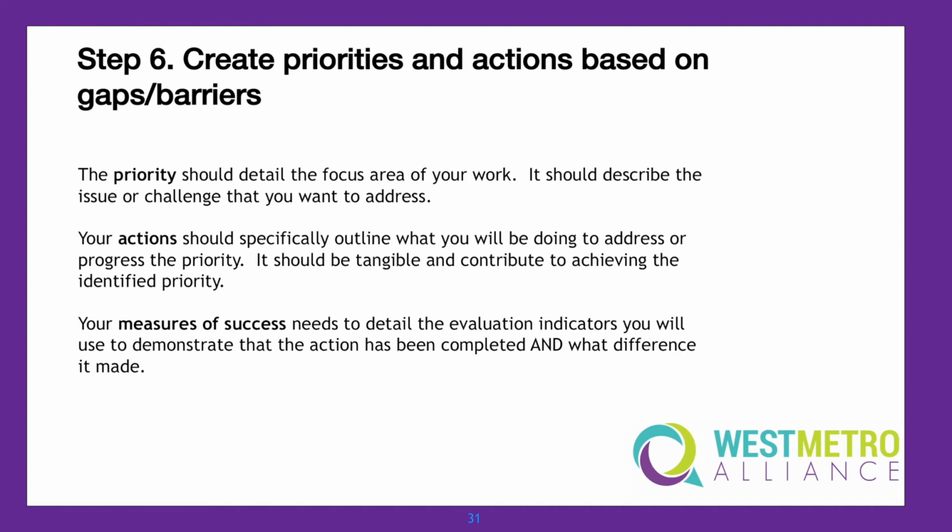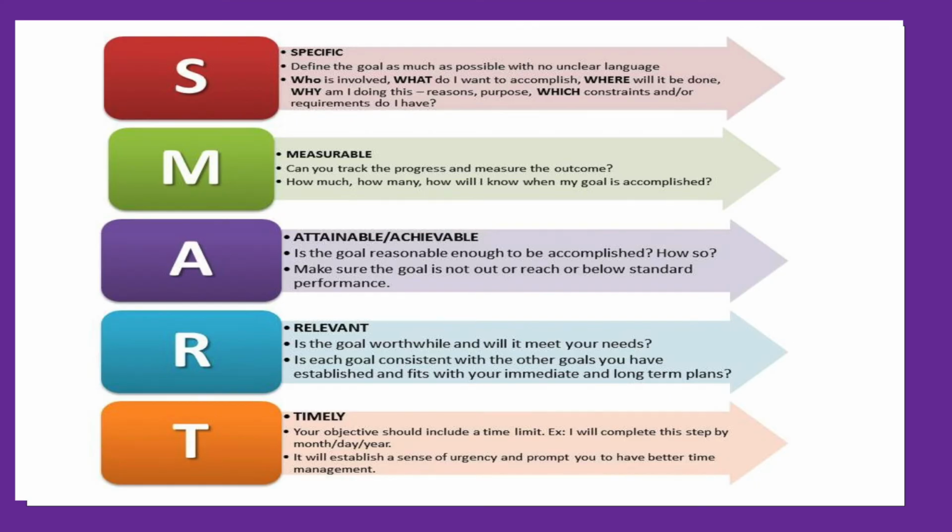The action that you write out must specifically outline what you will be doing to achieve or address progress in this priority. It should be tangible and contribute to achieving your identified aim. You measure the success: your measures of success need to detail the evaluation indicators you will use to demonstrate that the action has been completed and what difference it made. I will go through that a little bit clearer now in this slide.